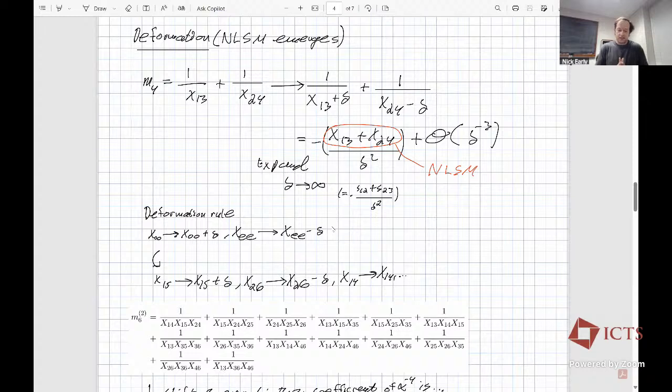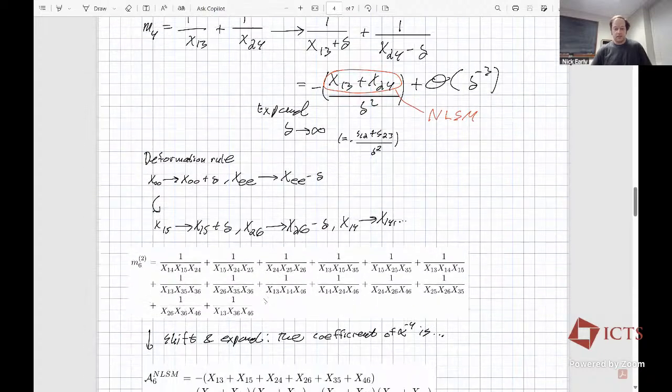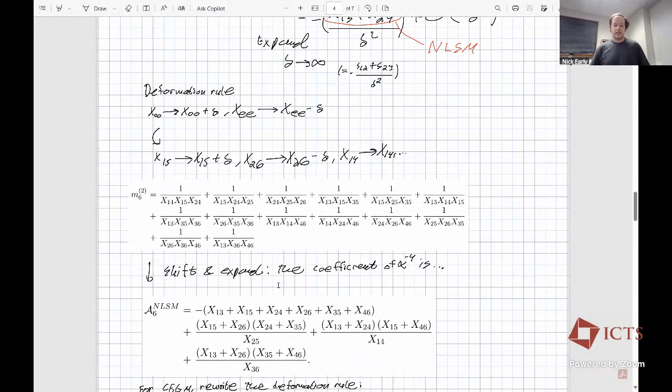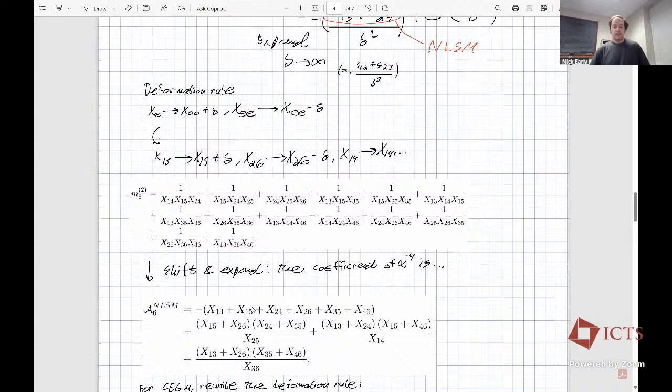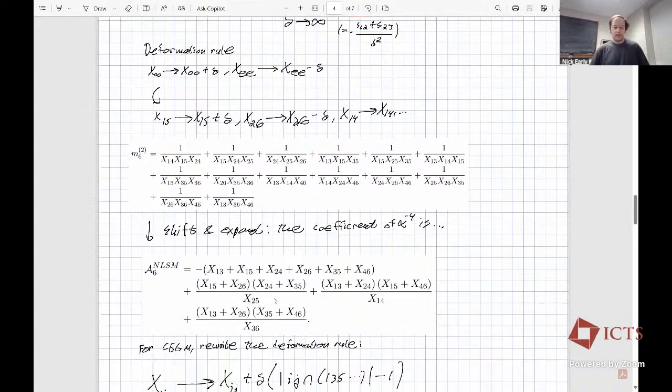You extract the coefficient, and what they were able to show is that this procedure exactly captures the Feynman diagram expansion of the NLSM. I'll give you the result here in the case of n equals 6. I want you to remember this formula, sort of. We have six contributions to the contact term and three otherwise. These three are the three four-particle diagrams.